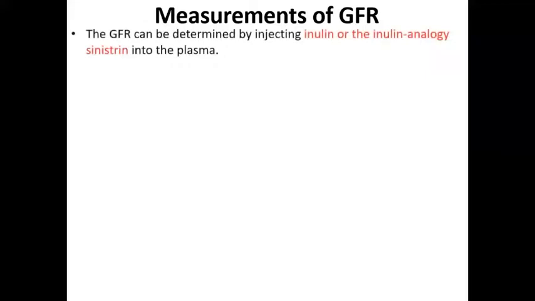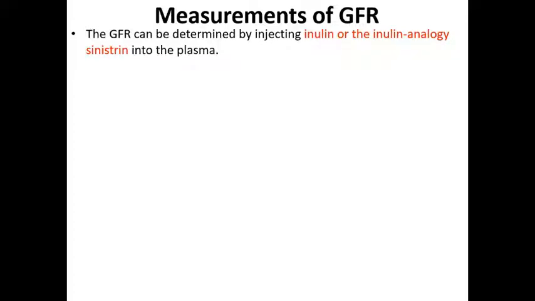The glomerular filtration rate can be determined by injecting inulin or the inulin analog sinistrine into the plasma. So you can use inulin, or substances that look like inulin, an example being sinistrine. Inulin was the same substance that we used to estimate some of the body fluid compartments, if you remember very well.